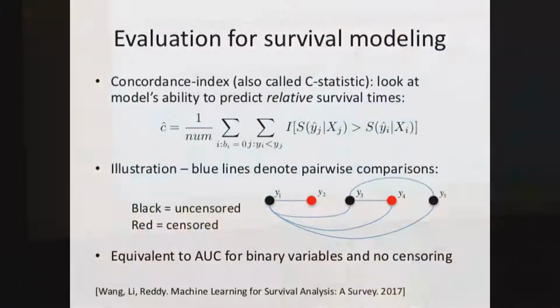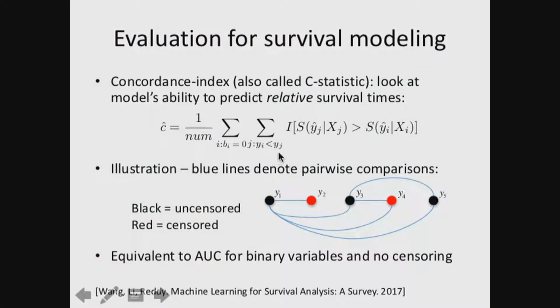Now, if you look at this formula, it is looking at an indicator of survival functions between pairs of data points, and which pairs of data points was precisely those pairs of data points which I'm showing comparisons of with these blue lines here. So we're going to sum over i such that bi is equal to 0, and remember that means it is an uncensored data point.